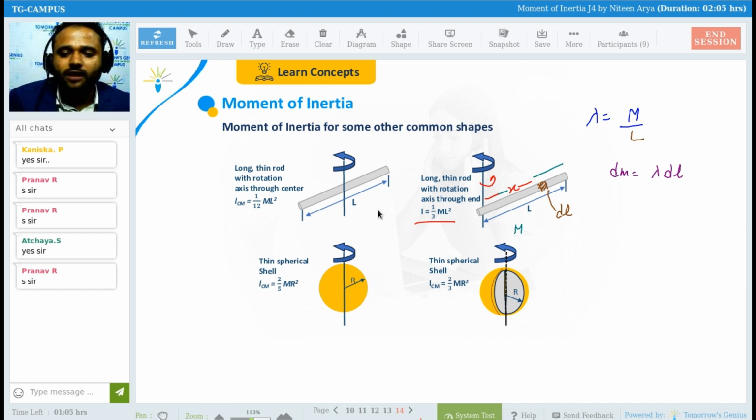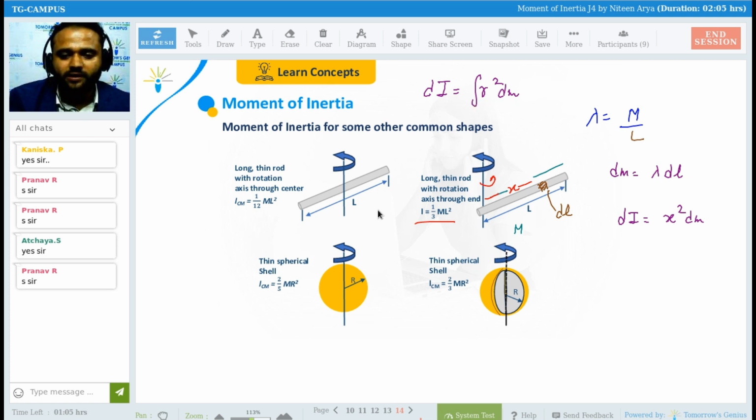Okay, and I want to find the moment of inertia for this small dl element. So this is going to be dI. Is this clear everyone? dI is going to be r square dm. In this way we can do that, and then integrate with whatever limits are given.